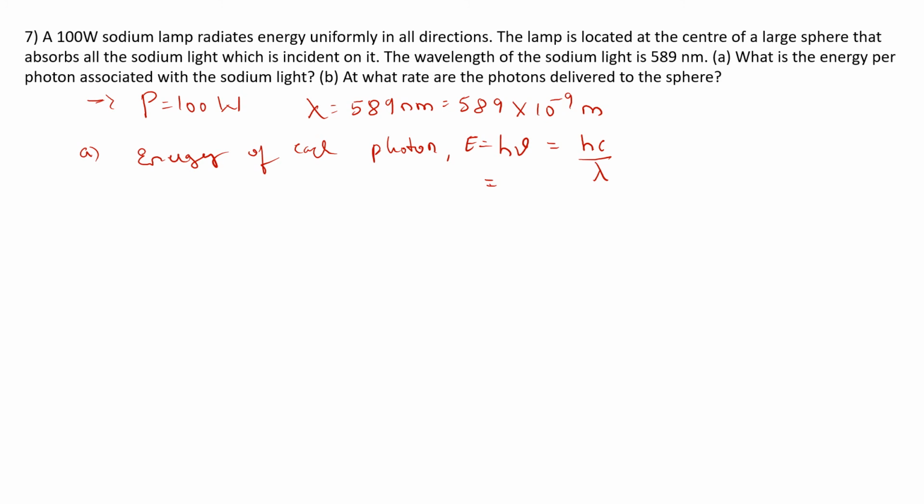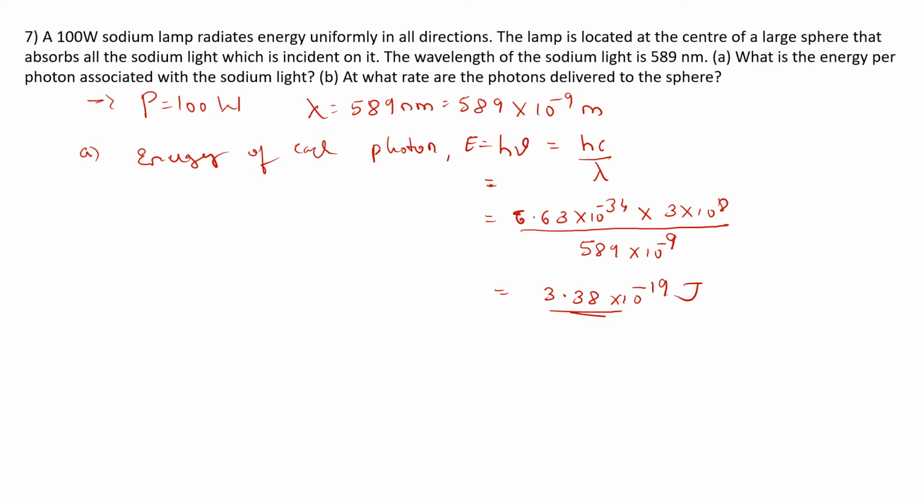H is 6.63 into 10 to the power minus 34 and c is 3 into 10 to the power 8, divided by lambda. Lambda is 589 into 10 to the power minus 9. If you solve this, you will get the energy per photon as 3.38 into 10 to the power minus 19 joule. Okay, this is the energy of each photon.